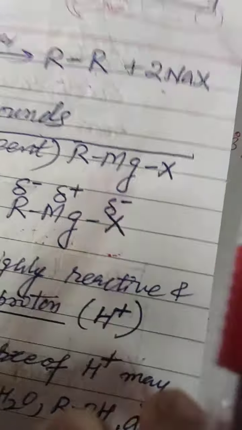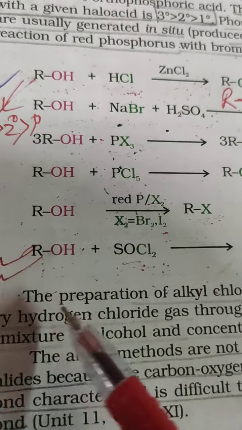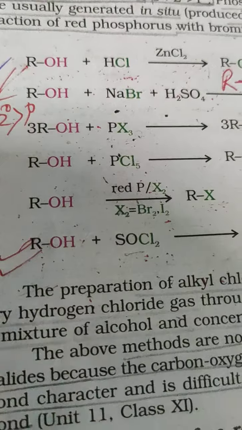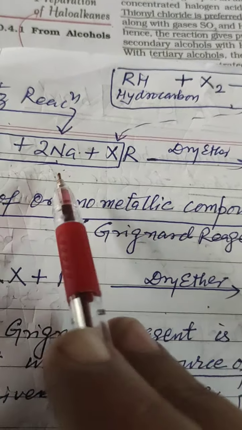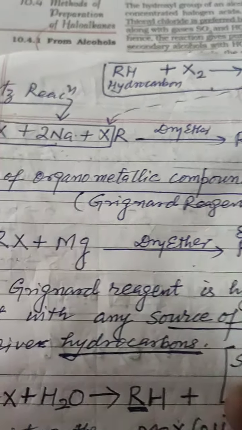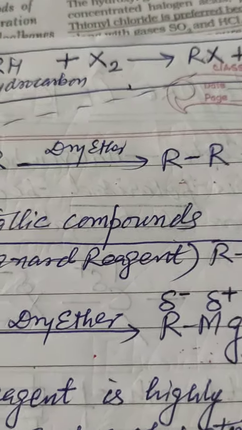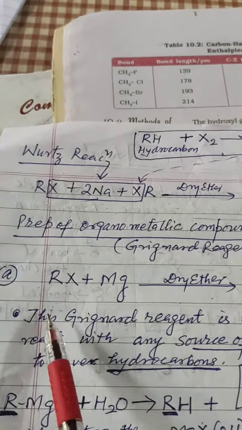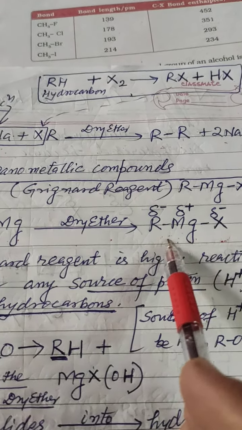I repeat, initially we have prepared RX from ROH by these methods. Then this RX reacts with Na in presence of dry ether to form higher alkanes. This is Wurtz reaction. This RX can be used in the preparation of Grignard reagent, that is RMgX.